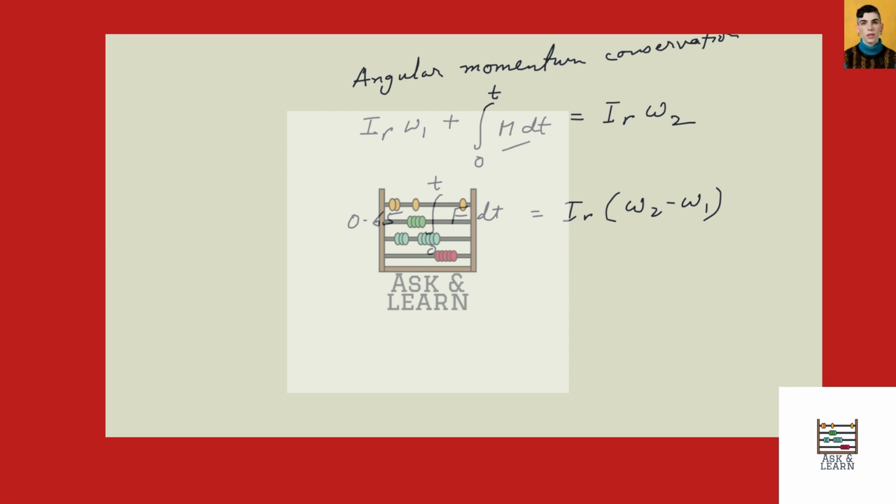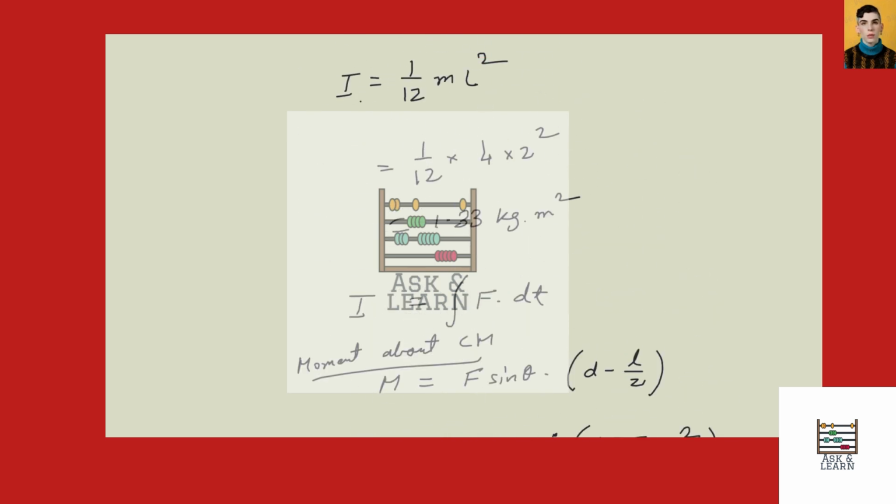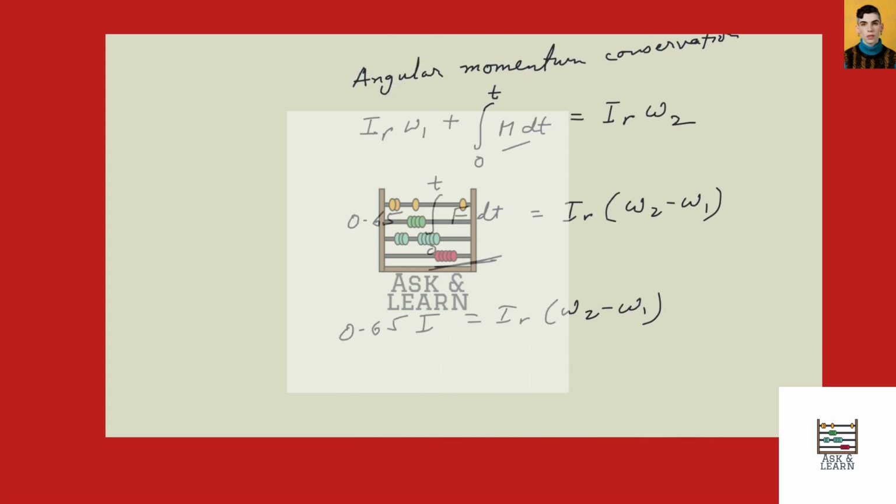And what is this? This is the impulse. So 0.65 I is the impulse, that is equal to I R times omega 2 minus omega 1. And this I is the impulse.